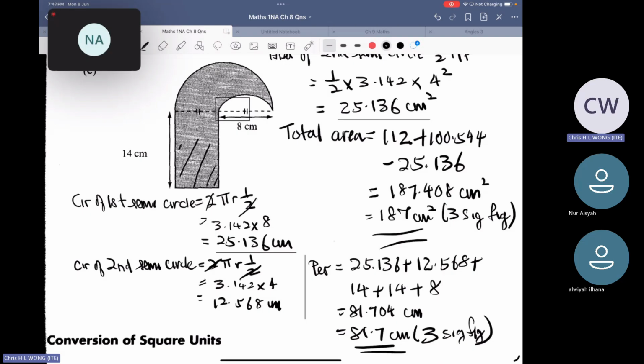Only one 8. Oh, you add the one inside on top. Oh, no, cannot. Inside, right? So 73.704.